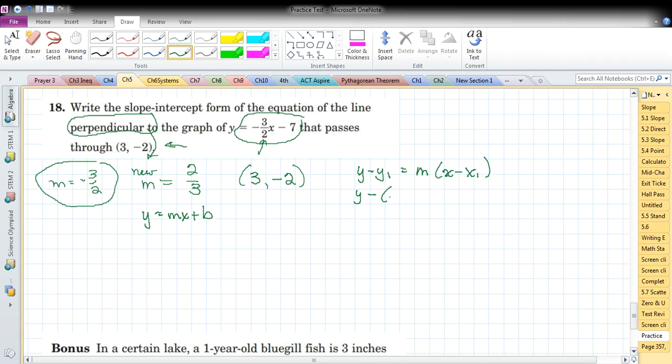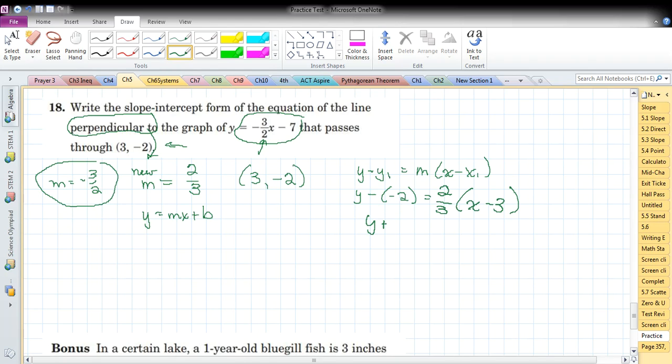Right here, y1 will be negative 2. My slope determined is going to be 2/3. I keep writing 3/2 instead of 2/3. Times x minus x1, which is 3.